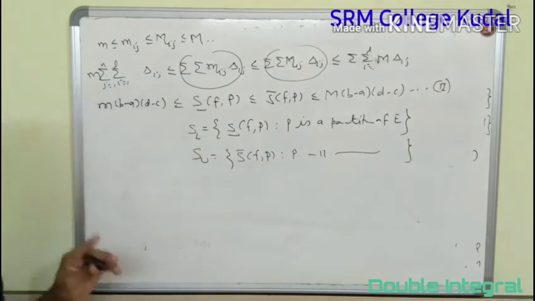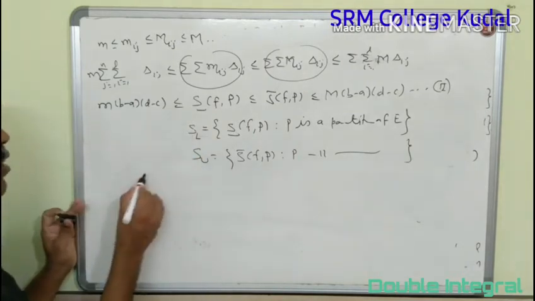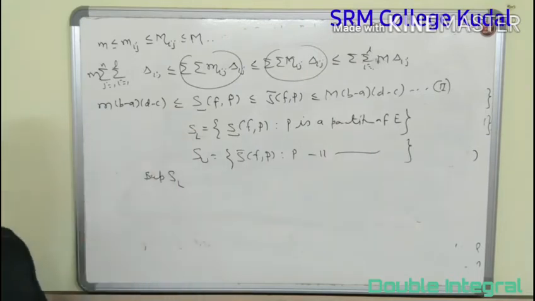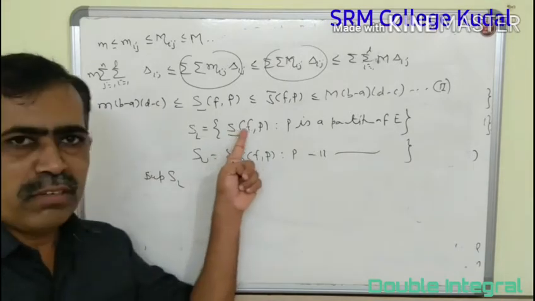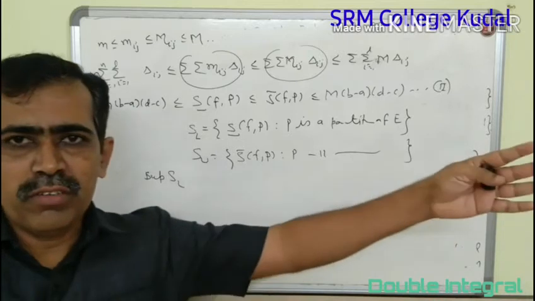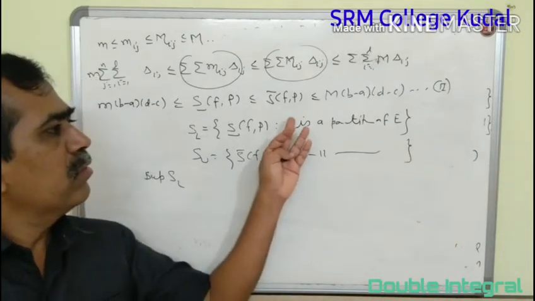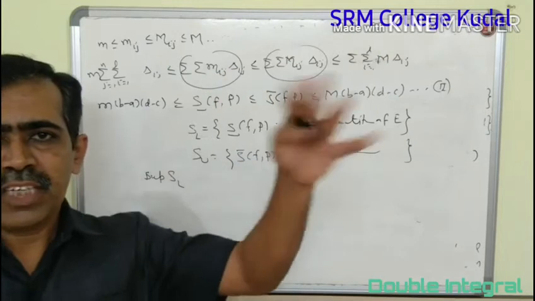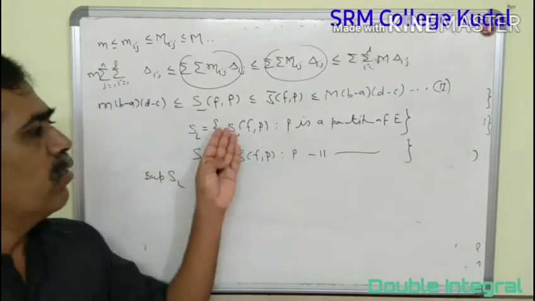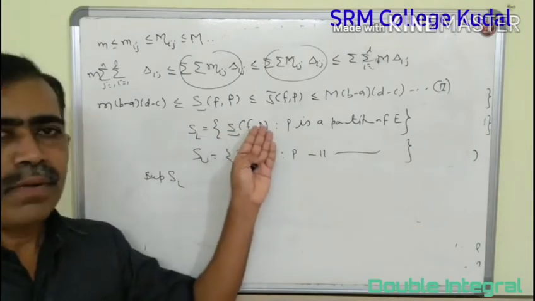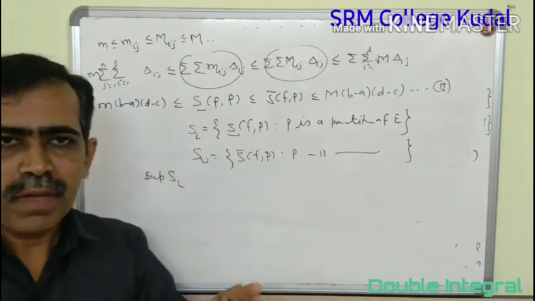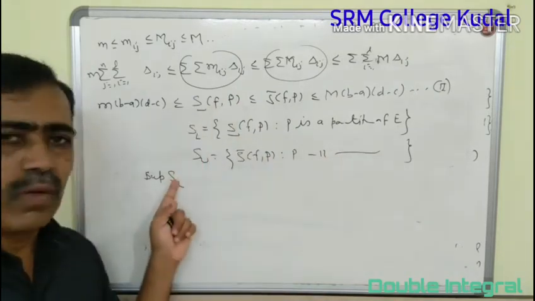Now I will consider the supremum of SL, the set of all lower sums. This set consists of infinitely many lower sums. Suppose P dash, P double dash, P triple dash, and so on are partitions of E. Then I will have lower sums for P dash, P double dash, P triple dash, and so on, and out of all these lower sums we choose the largest one.